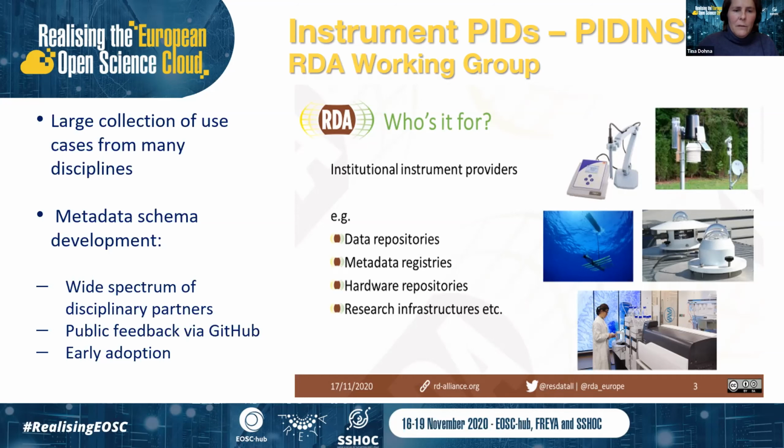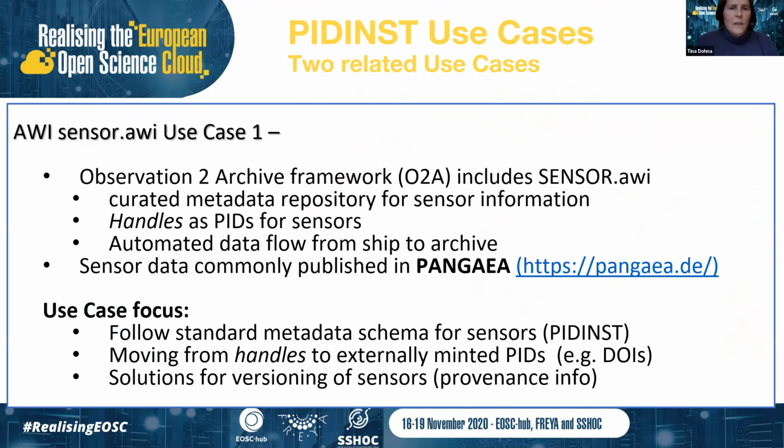There was a public feedback period via GitHub on the metadata schema that was developed as part of the group, and members of the group also became early adopters. So there were two related use cases.